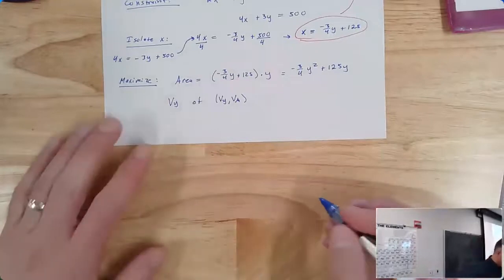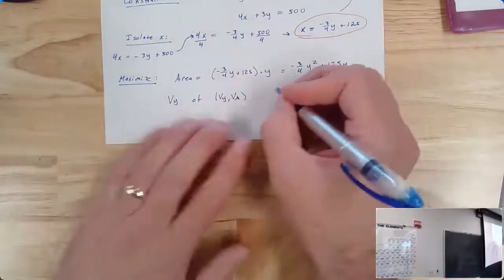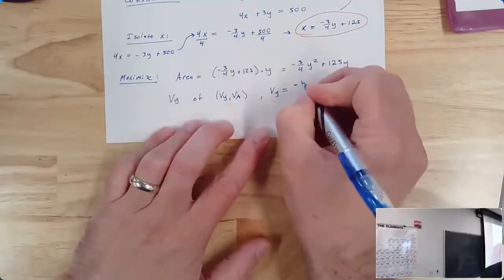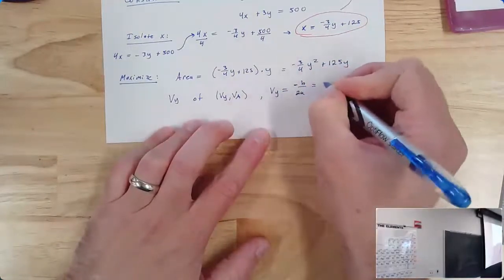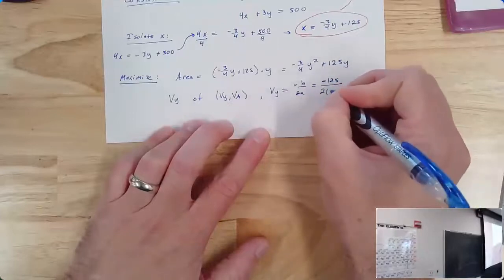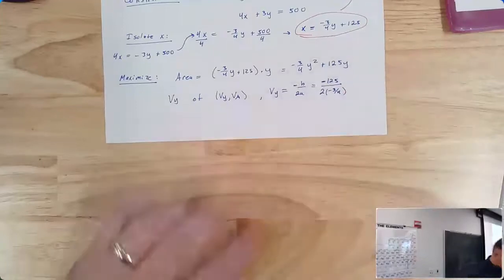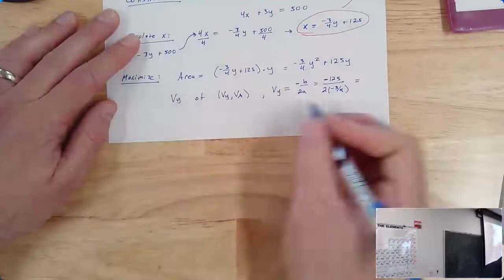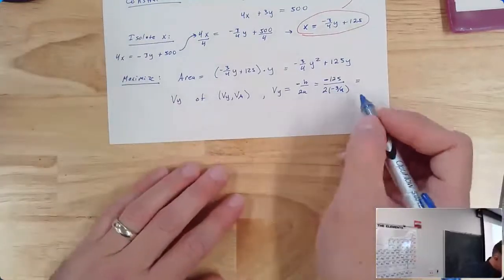Okay, so usual stuff. The input coordinate is negative B over 2A, which is negative 125 divided by 2 times negative 3/4. Wow, that is not fun. That's going to equal, let's see, 2 times negative 3/4 is going to be negative 3/2.